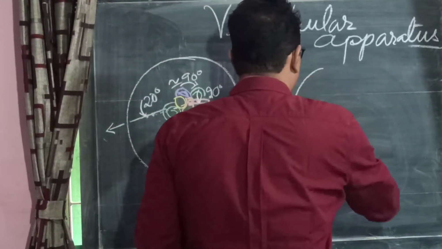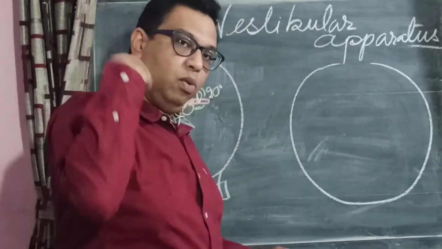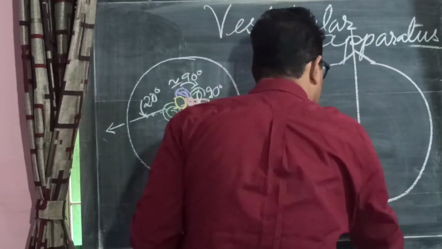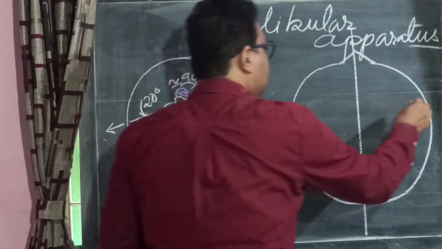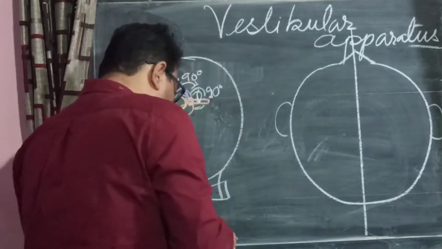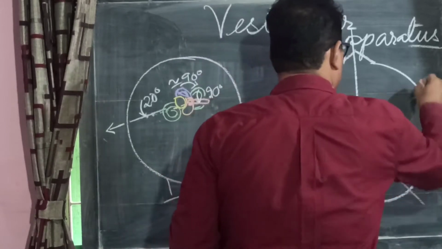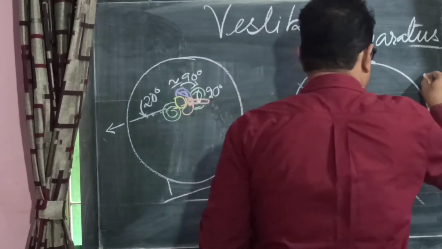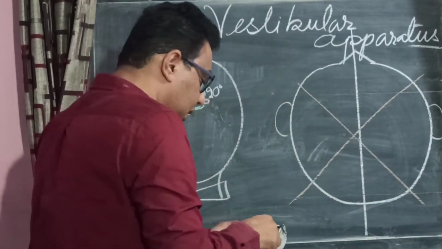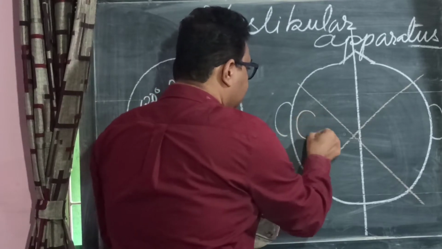Now, if we look from above downward, so suppose this is the front of the face, this is the midline and the ears. So we see that the horizontal canals will be like this.